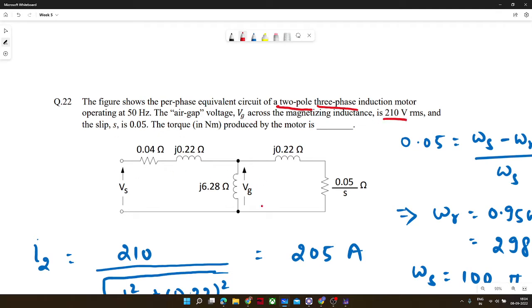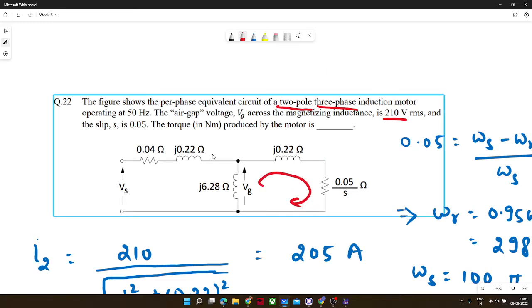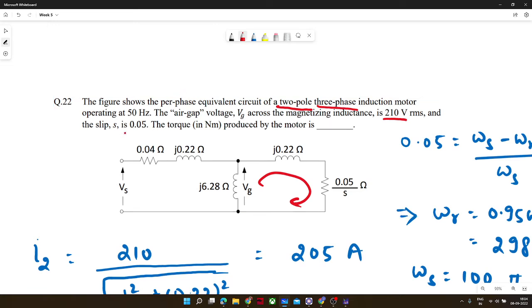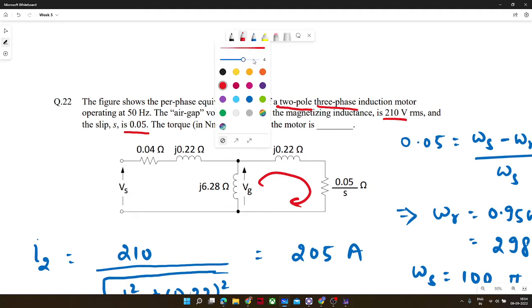So you do not need to calculate the air gap voltage, and you can analyze everything from the rotor perspective. In this motor, a slip of 0.05 is also given.